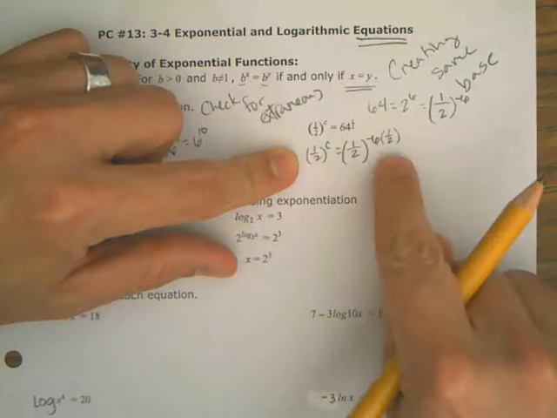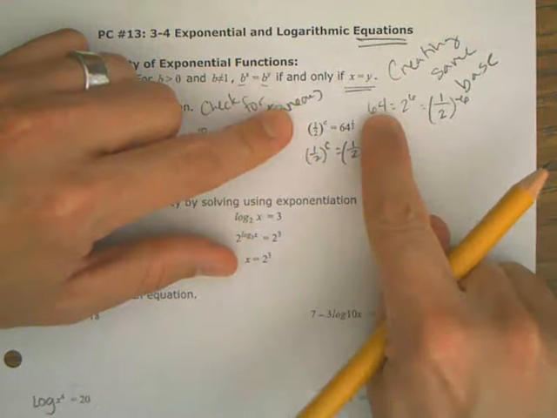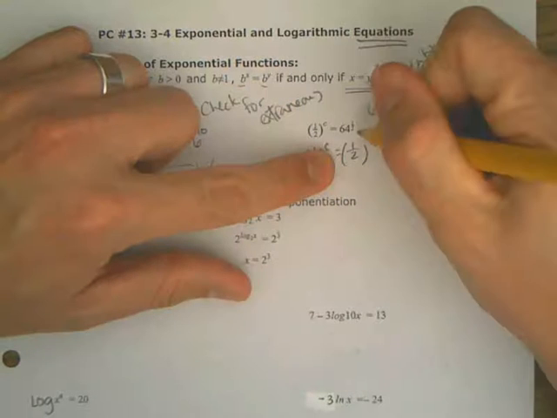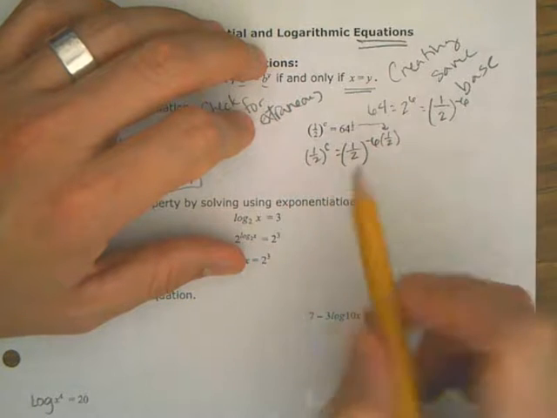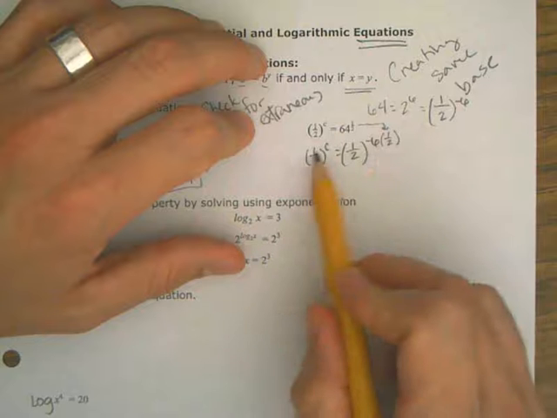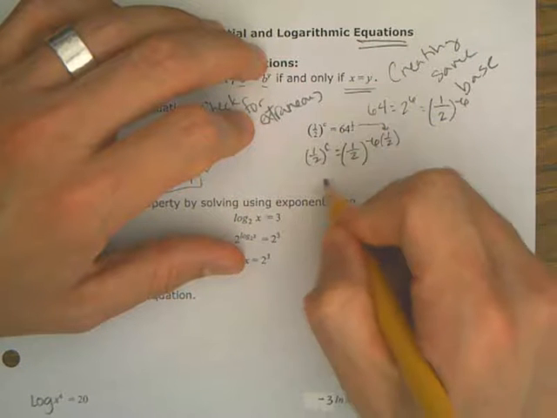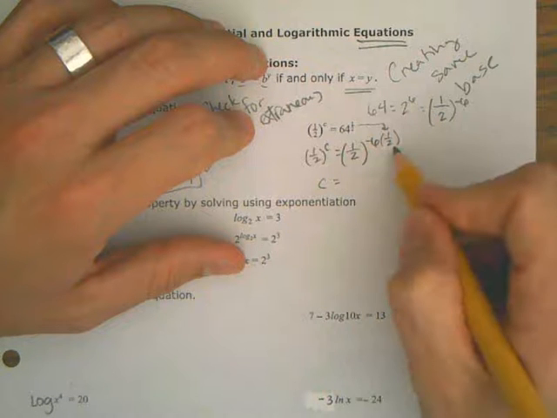So all I did was change 64 to this, and then this current exponent has to multiply by your new exponent. And now because we have the same bases, the 1/2 bases go away. C equals negative 6 times 1/2, negative 3.